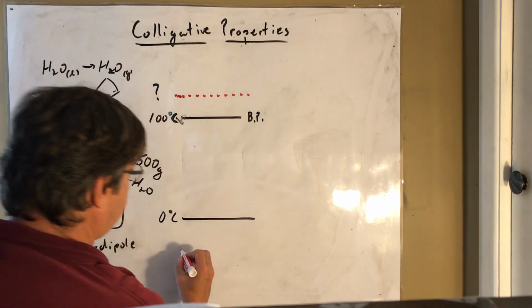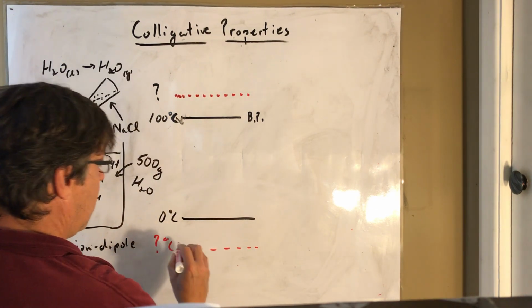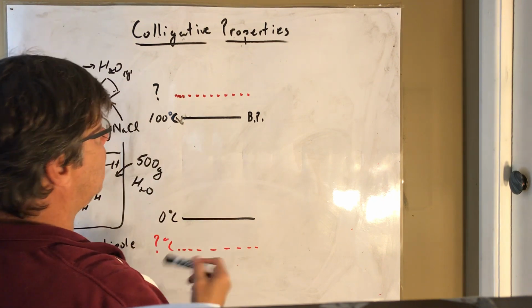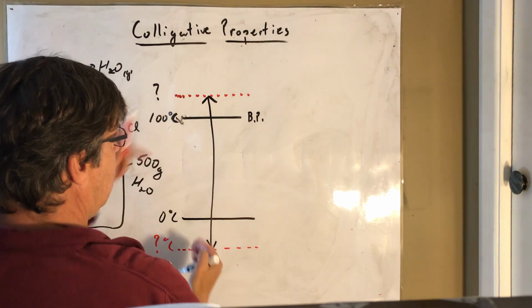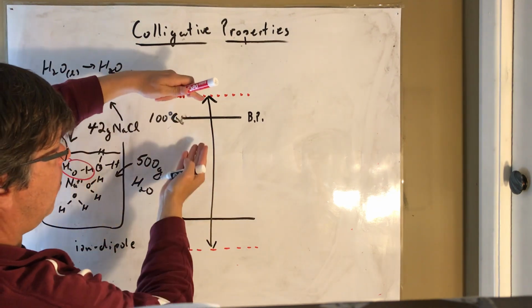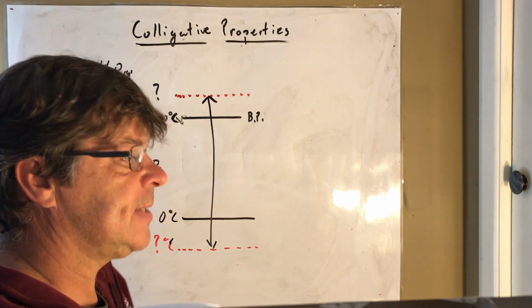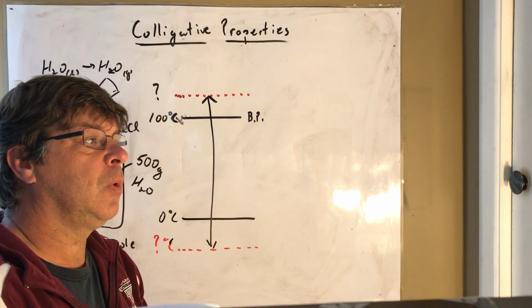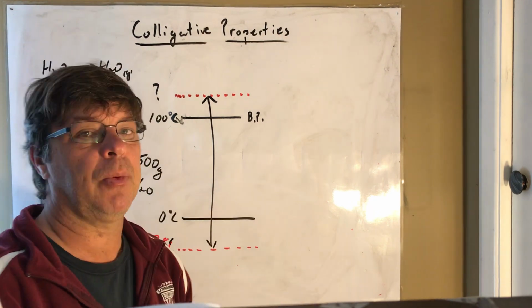So freezing points are depressed, and now notice the liquid state is increased. So boiling point goes up, freezing point goes down. Whenever anything is added to water or a solvent, that happens. Boiling point's elevated, freezing point's depressed.